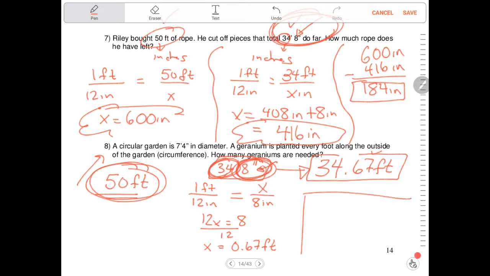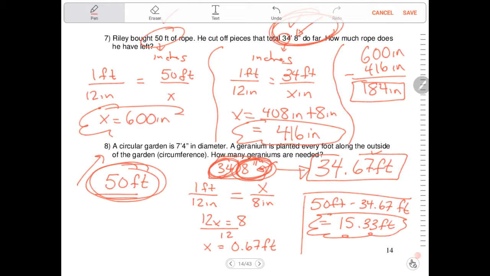To answer the question, you simply would go 50 feet minus 34.67 feet. Just put that into your calculator, and you would get 15.33 feet left over.